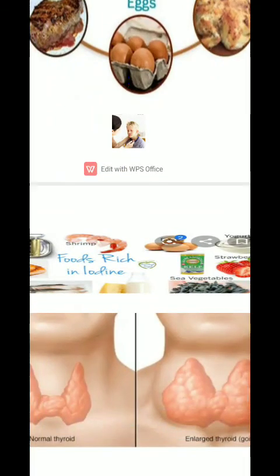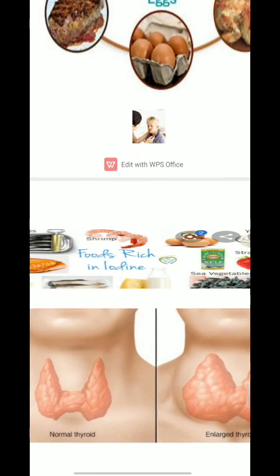Now, the next disease which we are going to discuss is caused due to the deficiency of iodine. The deficiency of iodine leads to goiter.